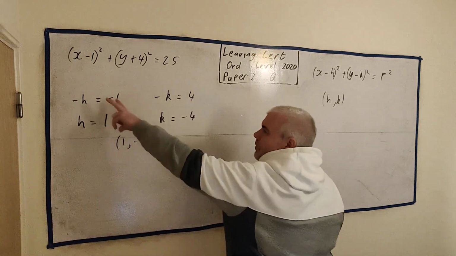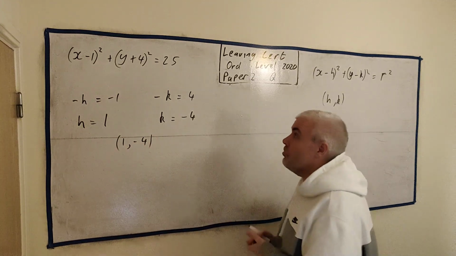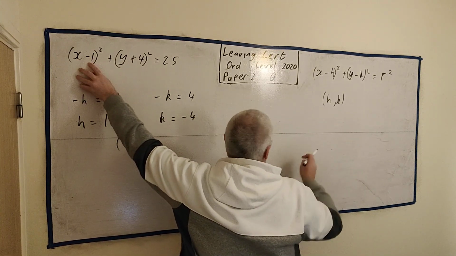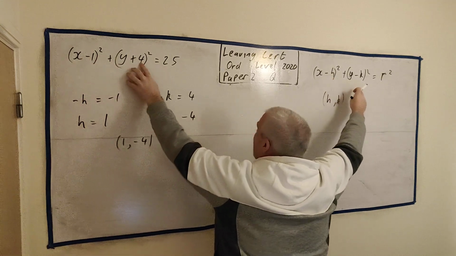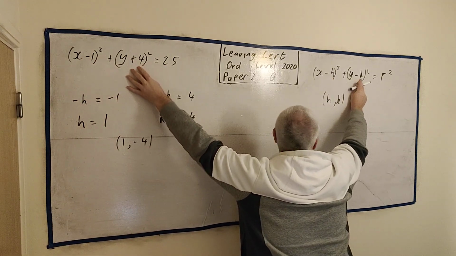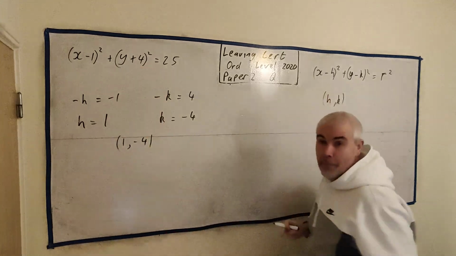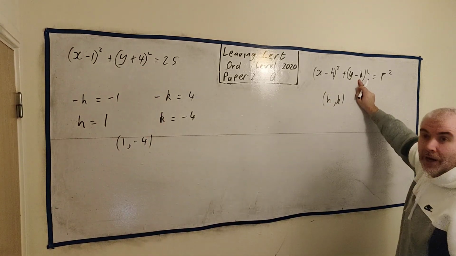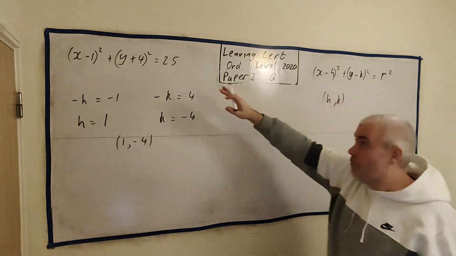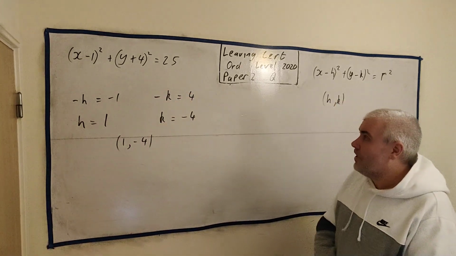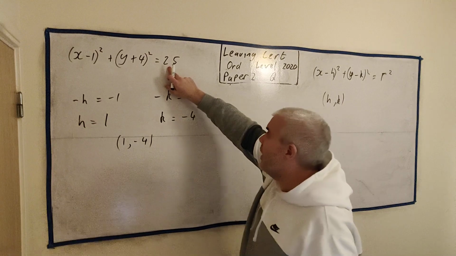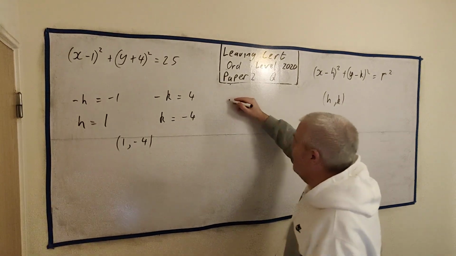Now you don't need to do this part if you're happy to just look at this and say, well, h must be 1 and k is the confusing one. Minus k, there's a plus 4, so k must be minus 4. So we get minus 4, which is the same as plus 4. That's our center.